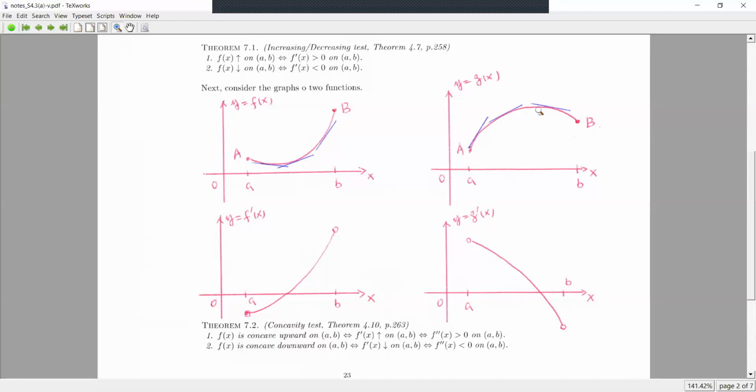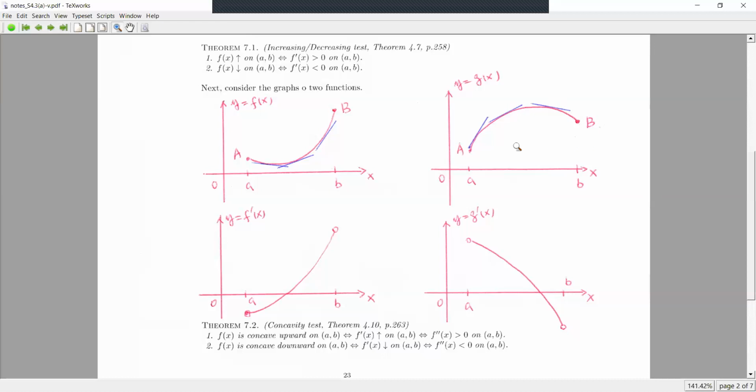If you draw a tangent line at this point, you will see slope 0. And this tangent line, slope is negative, but small negative. If you draw a tangent line close to the point B, slope is negative, but large negative.